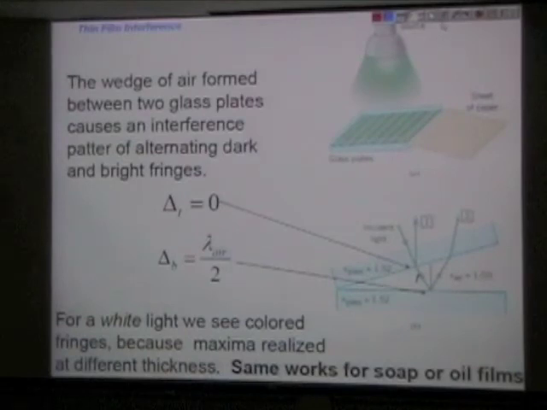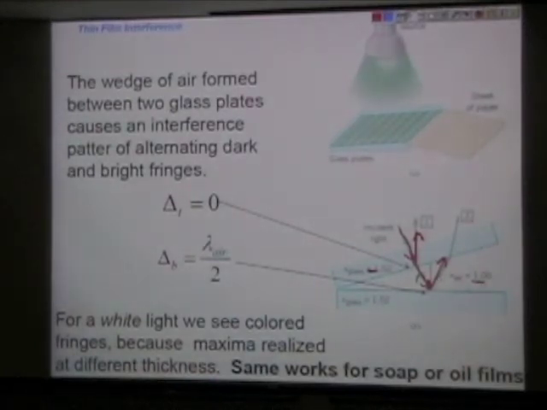So in this example, again, you can apply the 5-step method. Glass, air. This reflected ray doesn't experience any phase change. Heavier, lighter. So the incident ray splits, reflects, and refracts. Again, we neglect the effect of refraction. We think all rays are parallel to each other. Now another reflection is happening here.